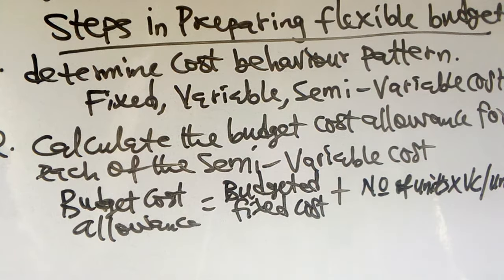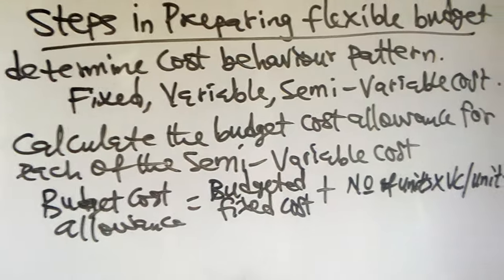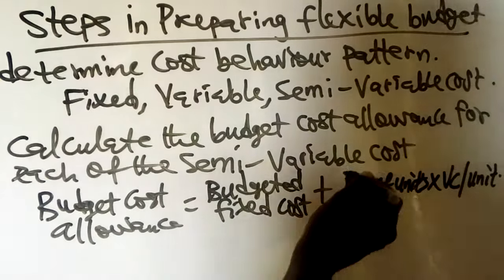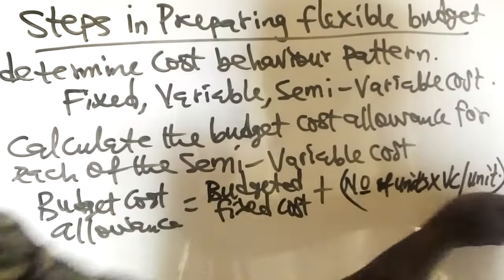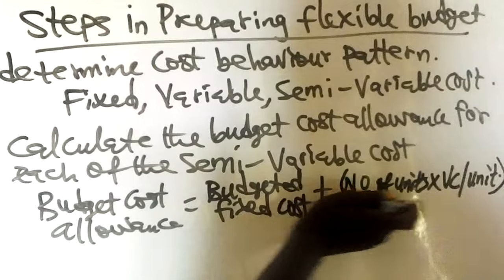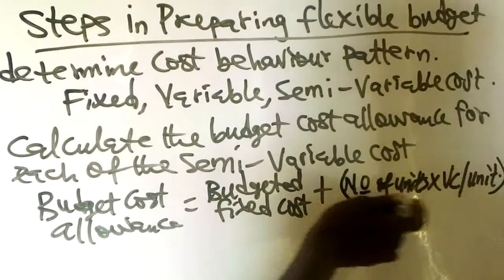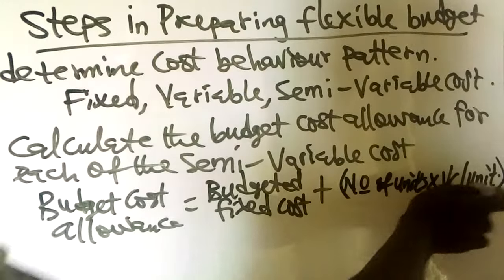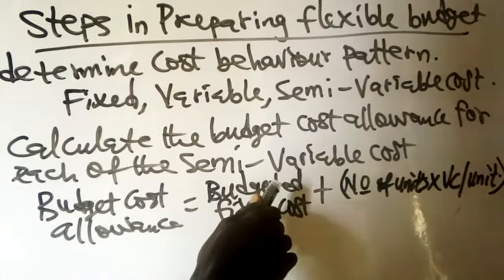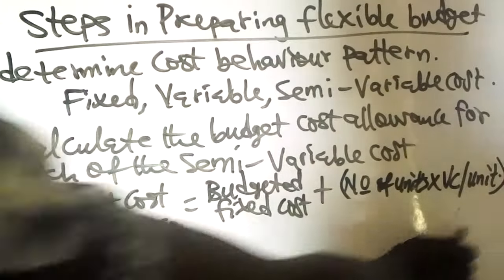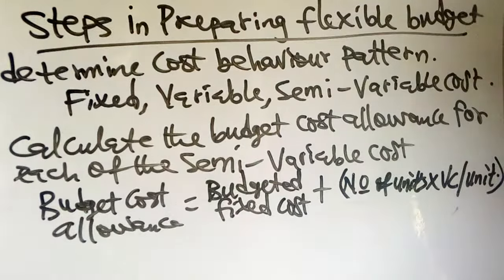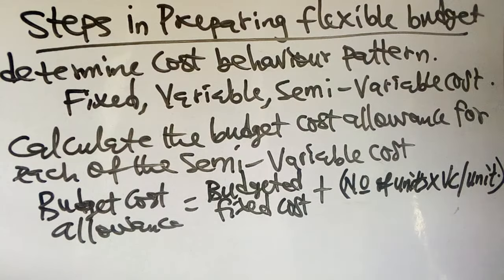That will give you the budget cost allowance. So that means you have the budgeted fixed cost plus the budgeted variable cost, that is number of units multiplied by the variable cost per unit.